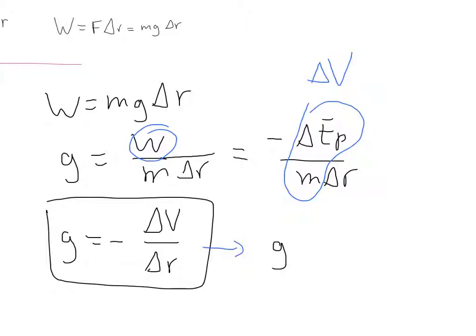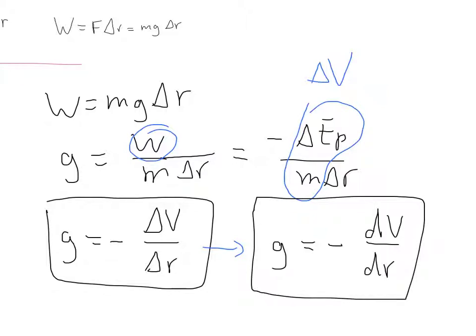So we can rewrite this formula as g equals minus dV/dr. That is, if I know the potential that a charge or set of charges produce, I can find the field by deriving like this. Another way to say it is, the field is minus the derivative of the gravitational potential. And this also goes for the electric field, by the way.